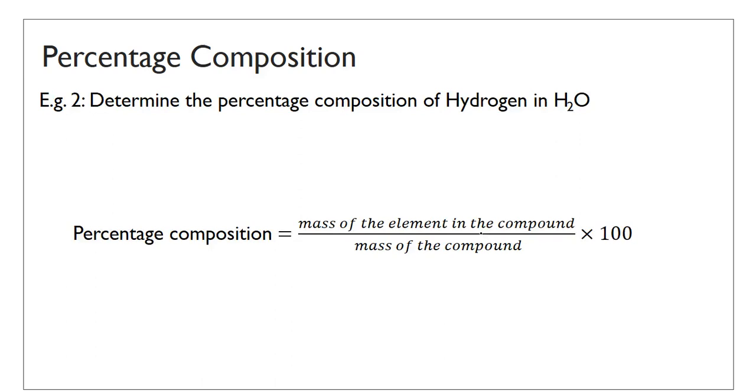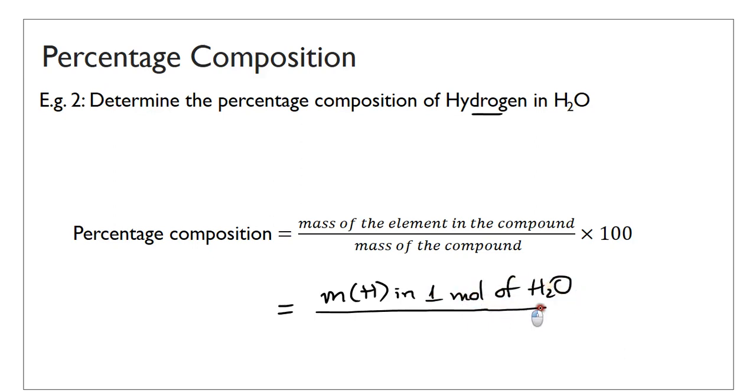This is the first one. So the question asks you to determine the percentage composition of hydrogen in H2O. So this is the formula, and I'm just going to use it. So I need to find the mass of hydrogen in H2O. And so because I'm given the formula of H2O here, I'm going to compare the mass of hydrogen in 1 mole of H2O, if you will, over the molar mass of H2O, which is the mass of 1 mole of H2O, so over M of H2O.